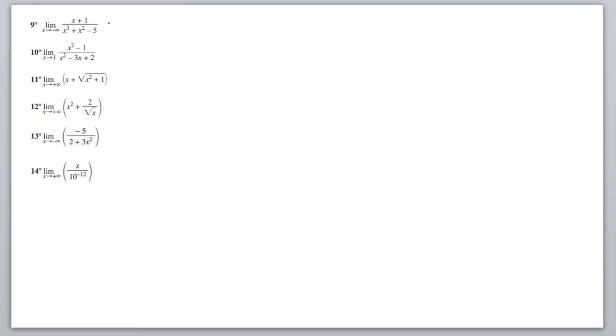Limit as x tends to minus infinity of all this is equal to limit as x tends to minus infinity of x over x cubed. Why? Because highest power over highest power. So it's equal to limit as x tends to minus infinity of 1 over x squared.